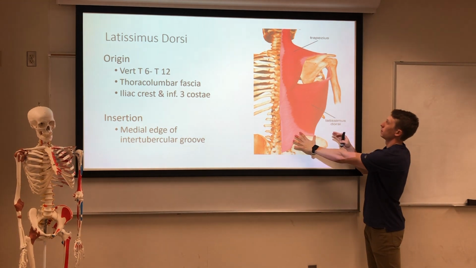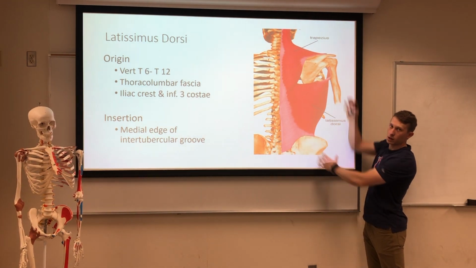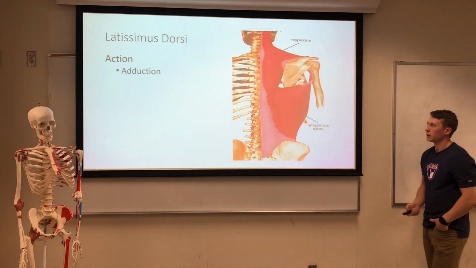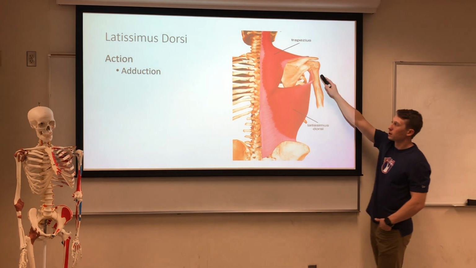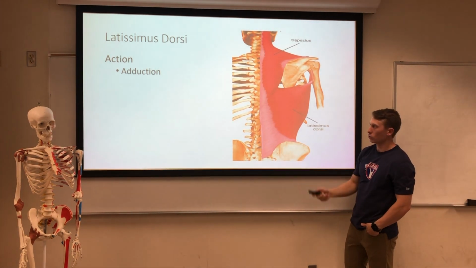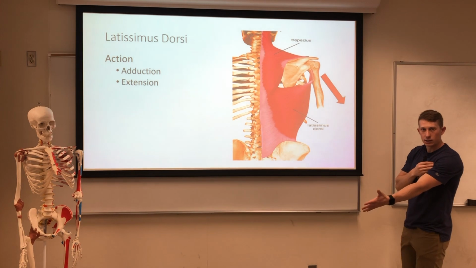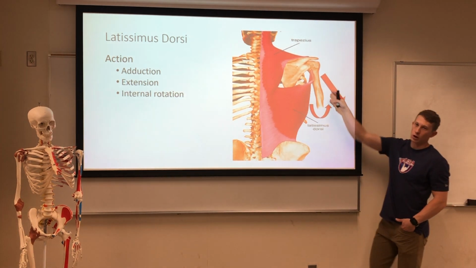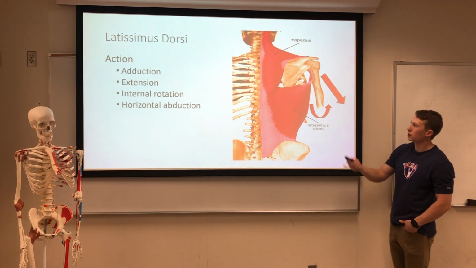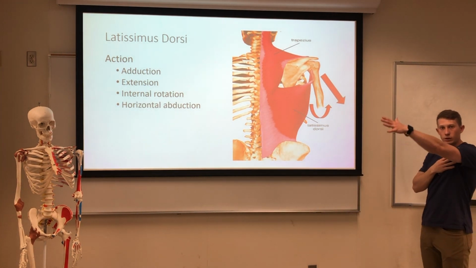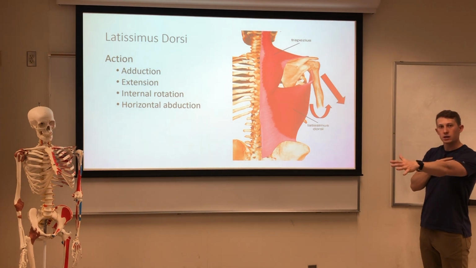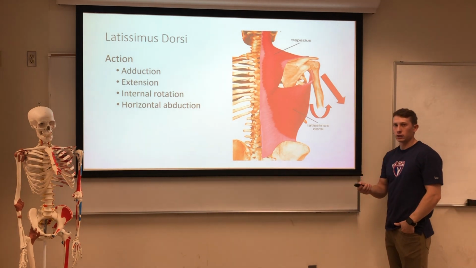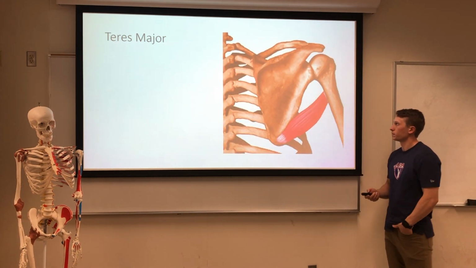We also have a medial to lateral muscle, which we can infer most of our actions from those origin and insertion sites. So our first action, adduction, moving that lateral insertion towards the medial origin. Extension, moving the anterior insertion towards that posterior origin. Internal rotation as we cross oblique and anterior across that joint. Horizontal abduction, especially if we are in a slightly flexed position rather than a fully abducted position or a fully flexed position at the shoulder.